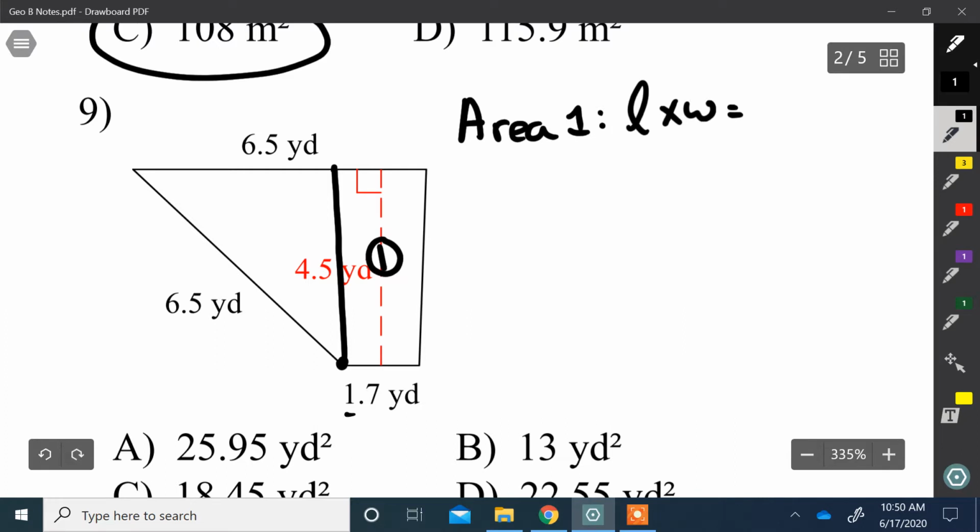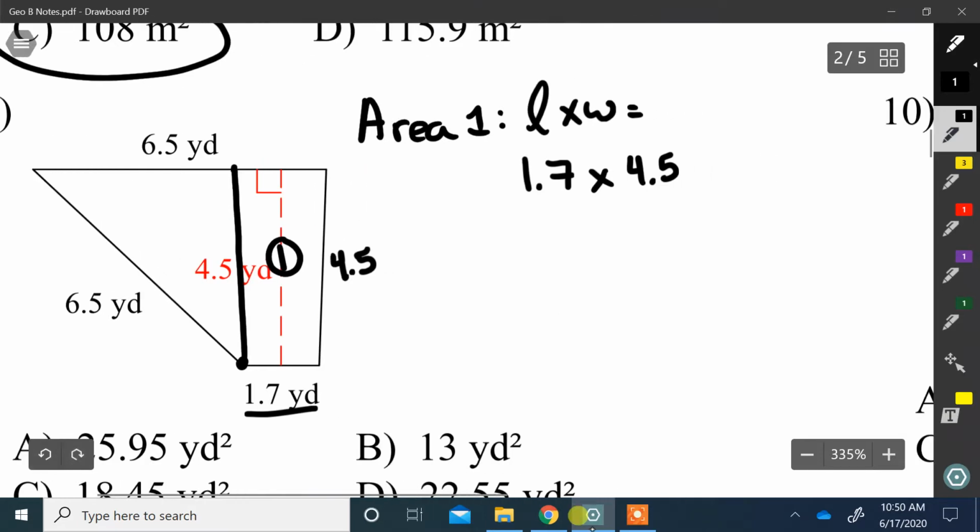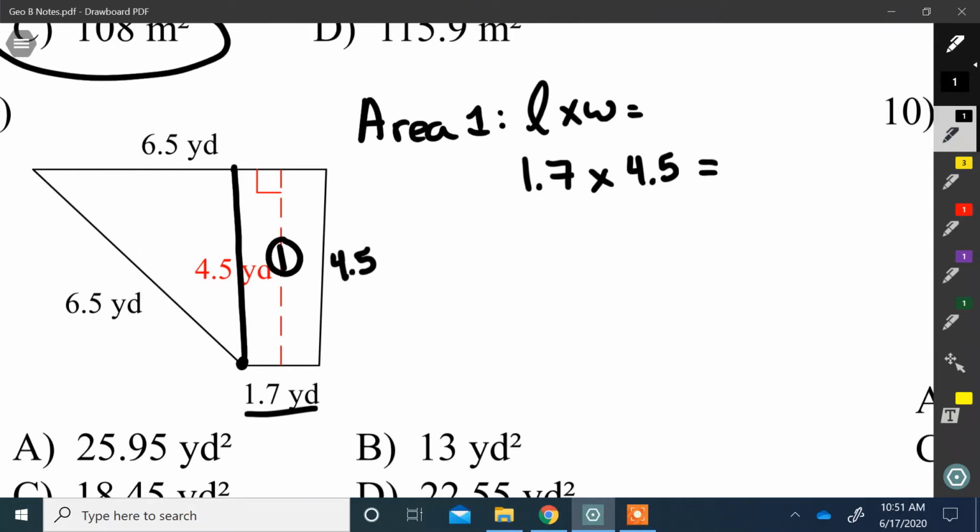Okay, in this case, the length will be, or it could be the width as well, 1.7, and this will be 4.5, so times 4.5. That's going to give you area number 1. So 1.7 times 4.5, that's going to give you 7.65.